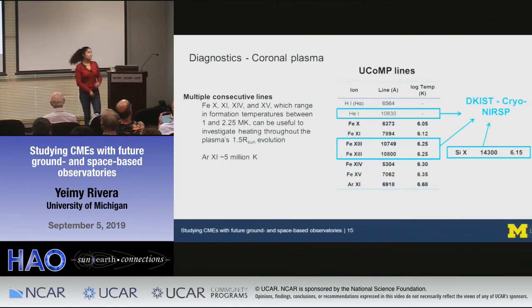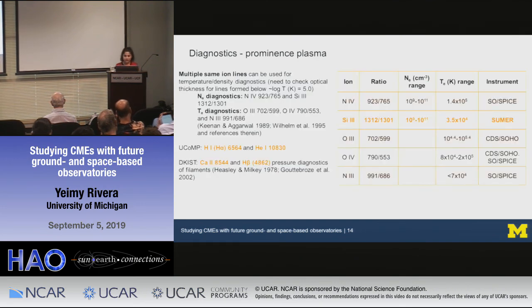I have a question. Some of the interesting lines that you showed in the table are already observable with previous instruments like SUMER or CDS. So what do the new instruments give us that these older ones didn't? Is it that they can show us a wider range of temperatures or densities?